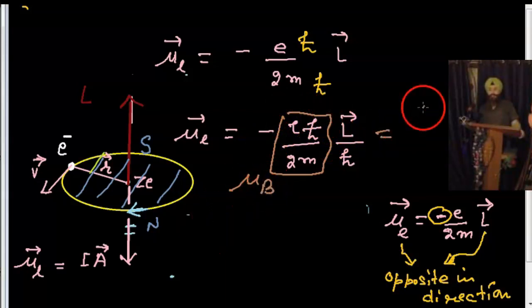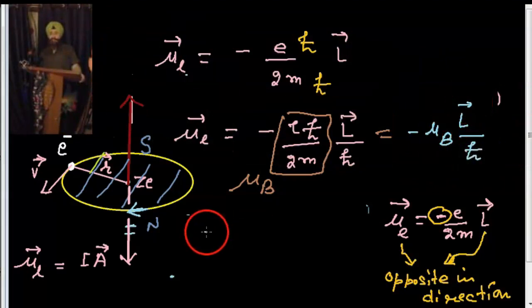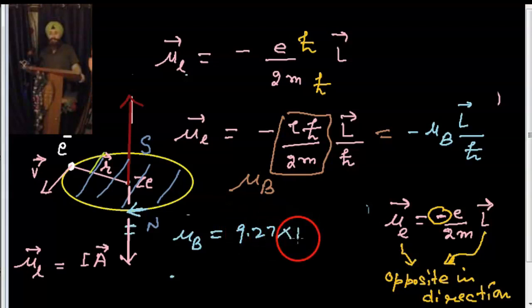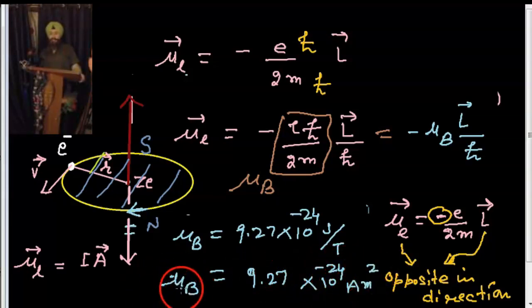This is called mu B, the Bohr magneton. And what will be its value? In SI units, the value of mu B is a numeric value, or it may be written in other units.